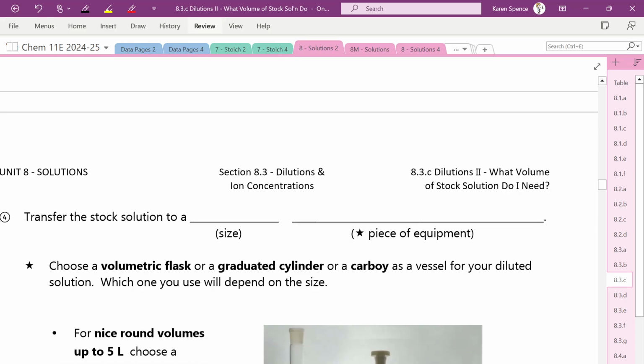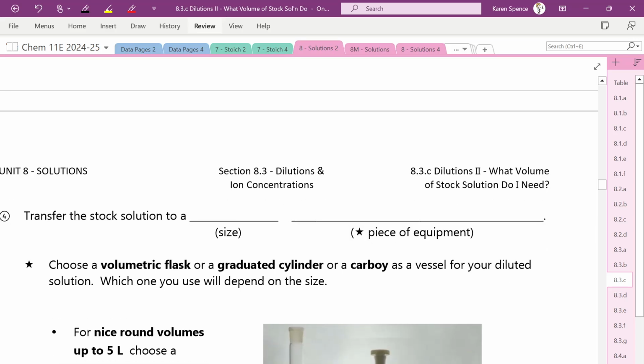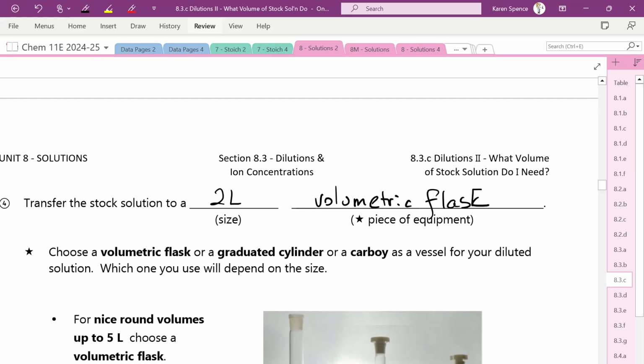All right. So we would transfer our stock solution to, we wanted 2 liters, so a 2 liter what? Volumetric flask. Now, what if you needed to make 10 liters of solution?